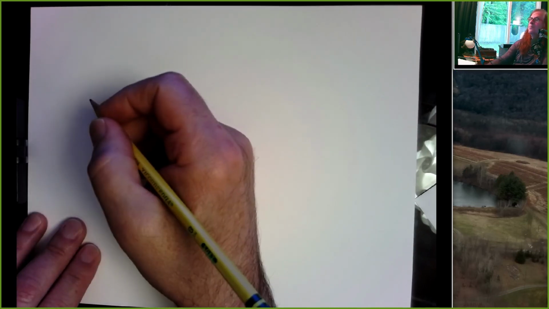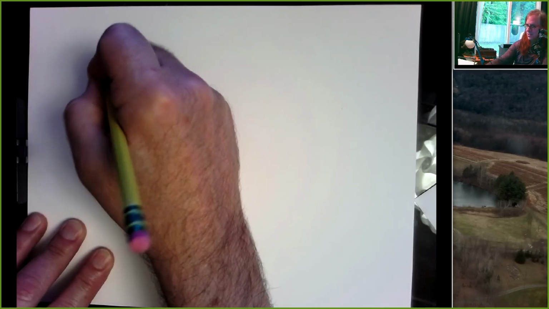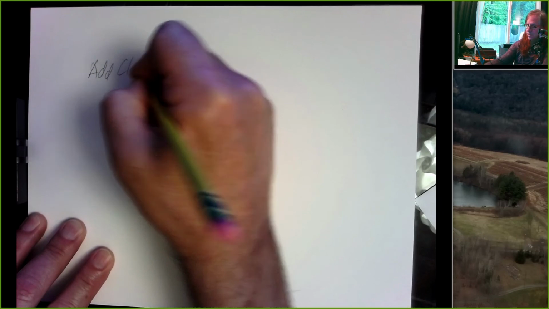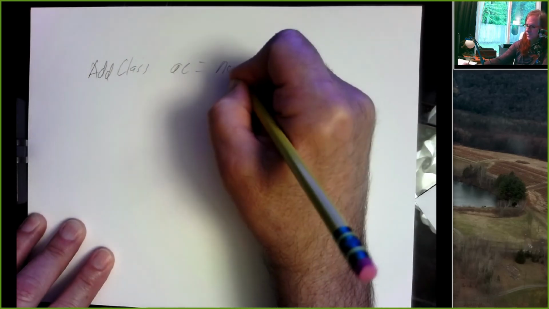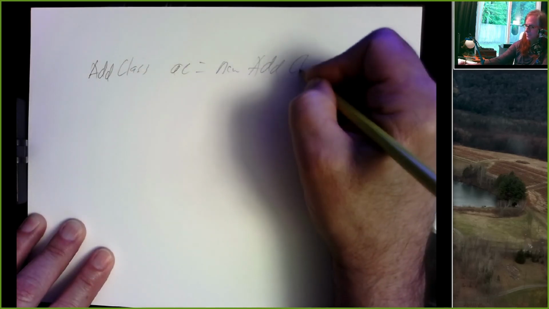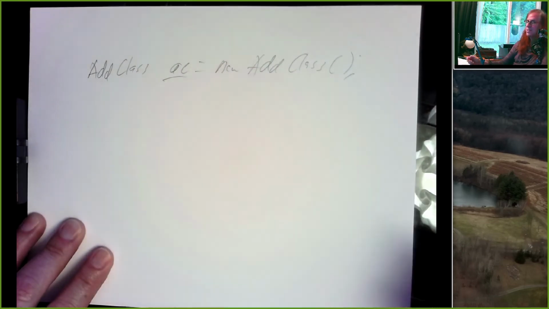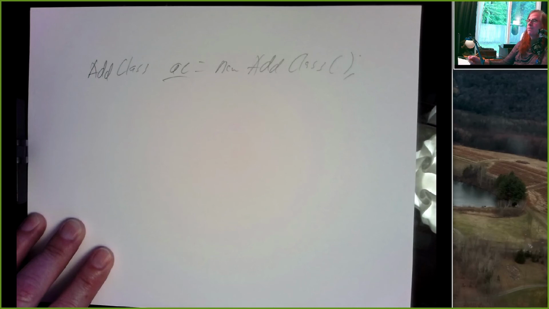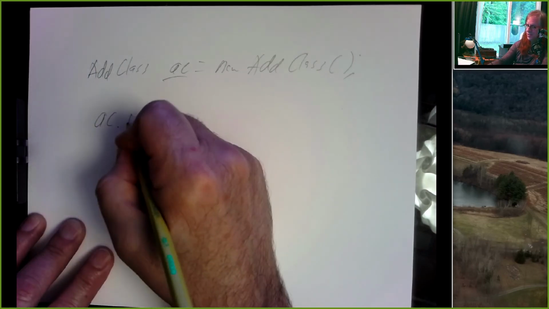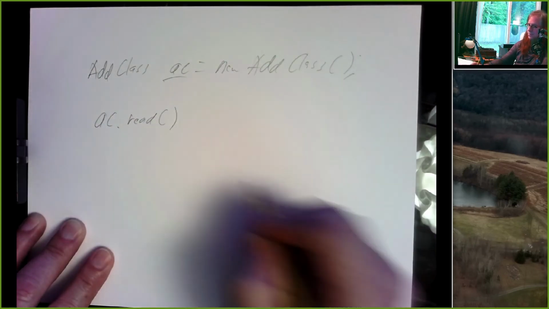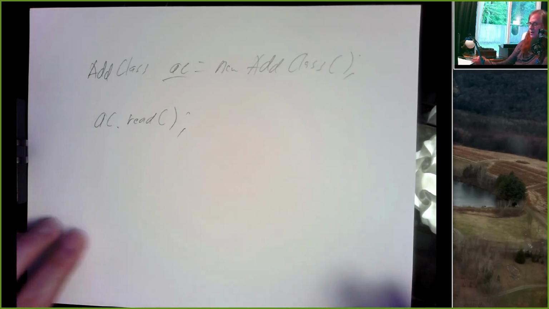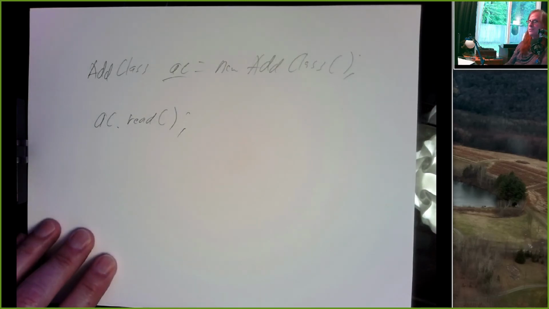So test code, you might do something like this. You might say add class AC equals new add class. Right, so construct an add class object. And then if you say AC.read, that should pause and wait for me to type something in and hit enter.